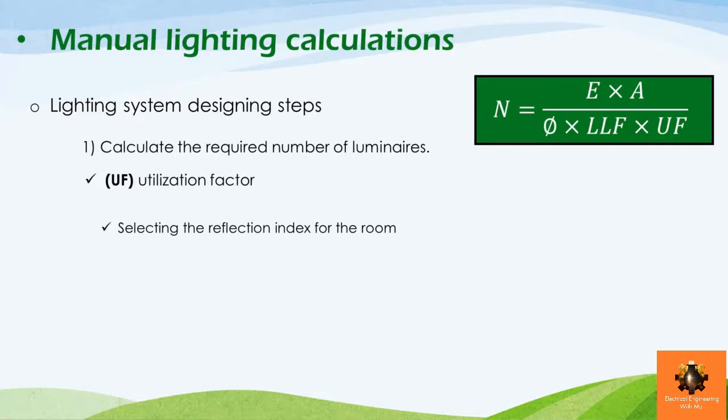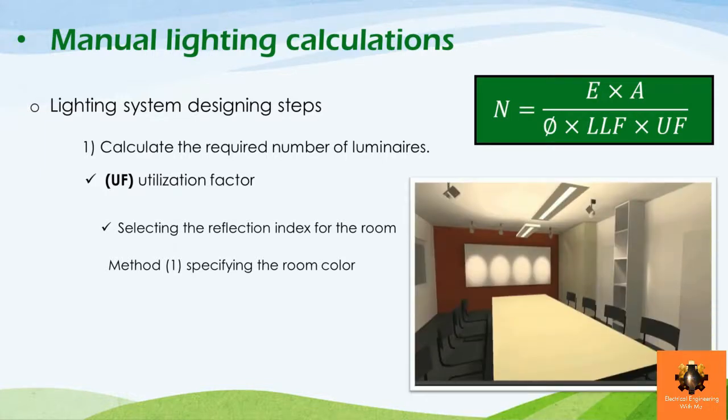To select the reflection index we have two methods. The first one is to select the color of the room, and this needs us to have the colors of the room previously before making the lighting design. So the room colors are decided before making the lighting design, or this piece of information is given.